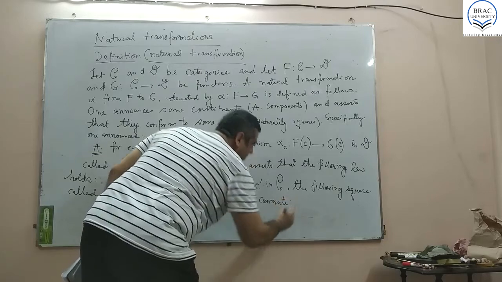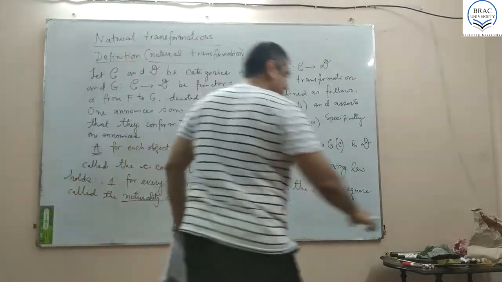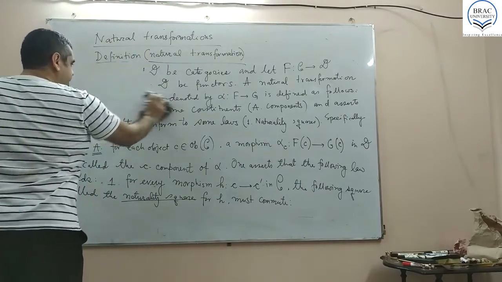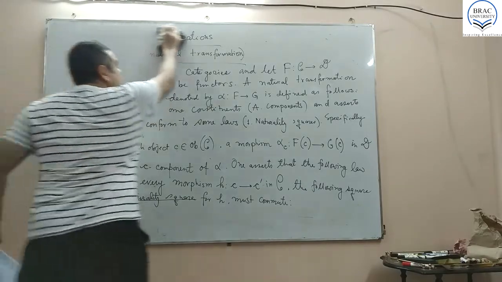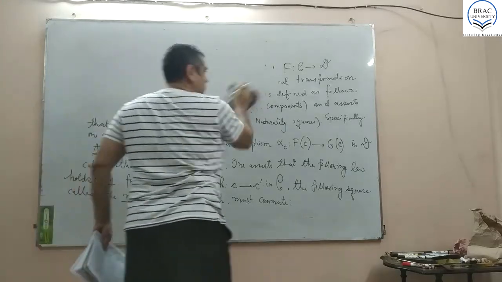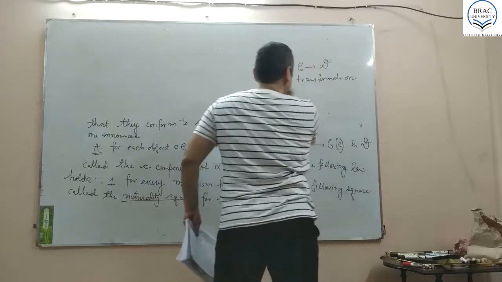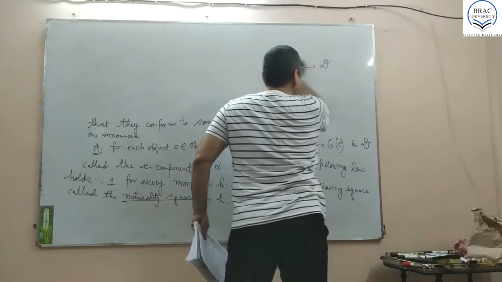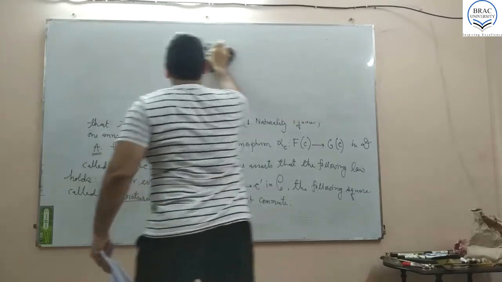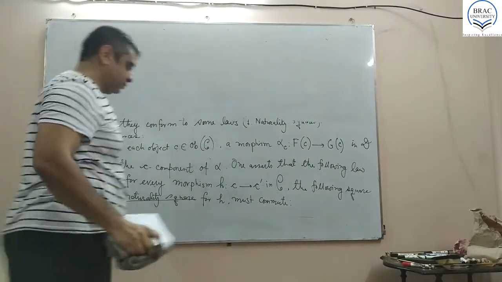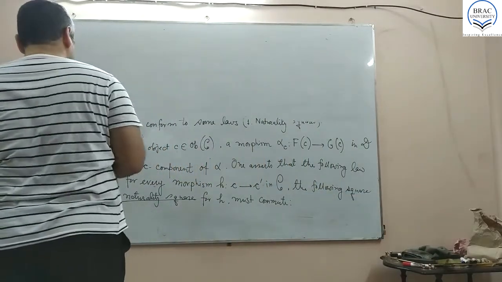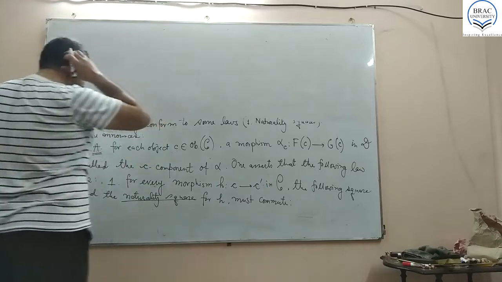Let me draw the commutative square now. I'm going to erase this opening part of the definition. So this is the naturality square.